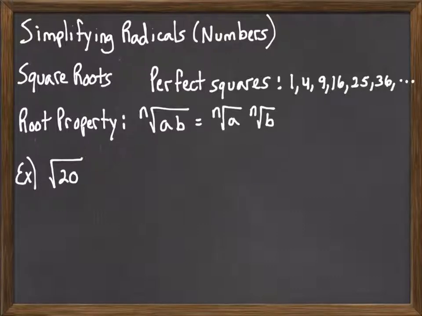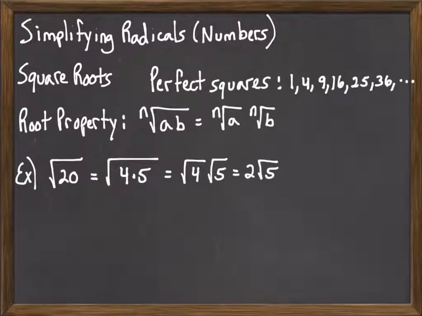So when we look at that 20, we say, well, 4 is a perfect square, so I could rewrite 20 as 4 times 5, and then using that multiplication property, could rewrite that as square root of 4 times the square root of 5, and then square root of 4, because it's a perfect square, can be simplified, and we get 2 square root of 5.